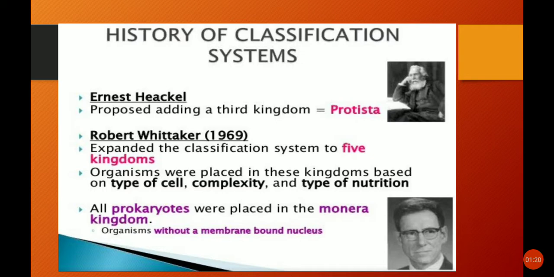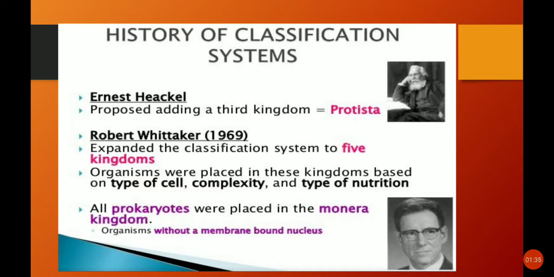We have already gone through the kingdoms, right? There are 5 kingdoms. Some scientists proposed systems for this classification. Aristotle added 2 kingdoms, plants and animals.